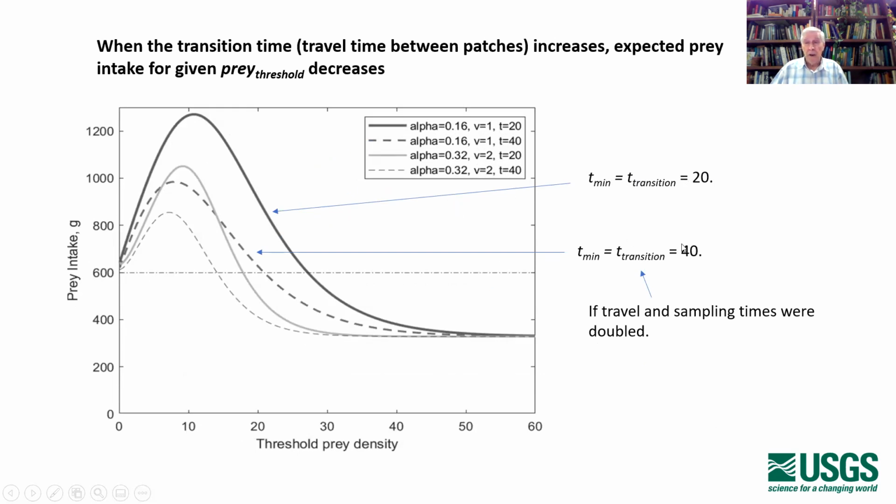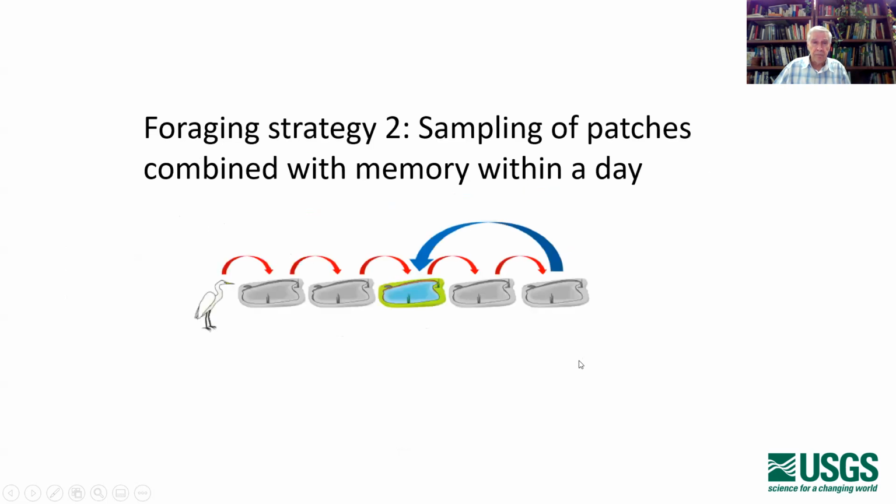Those are increased in the model, each to 40. This very nice high curve is depressed to a much lower curve. So obviously, this is sort of an obvious result, that the larger the travel and sampling times are, the less the expected prey intake is likely to be.